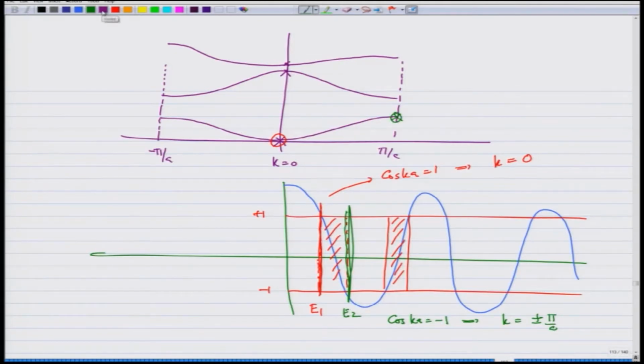The next minimum exists at this bright green line E3, and that is where cosine k a is again -1, and therefore, k is equal to plus or minus pi by a, and so on. So, you can see how the minimum and maximum of the energy bands exist at k equals 0 or k equals plus or minus pi by a.